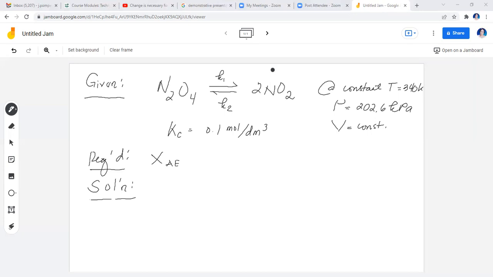When you work a problem in kinetics, you always associate your steps or your procedures based on the given information. So you are given the equilibrium constant, the temperature, the pressure, and the stoichiometric equation. Based on your given information, what will you do?